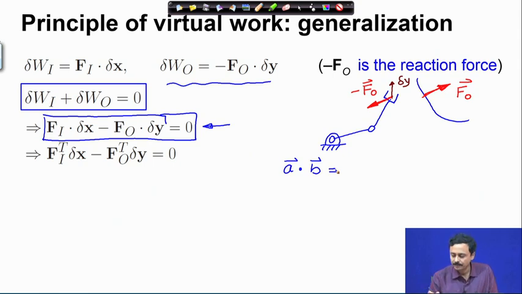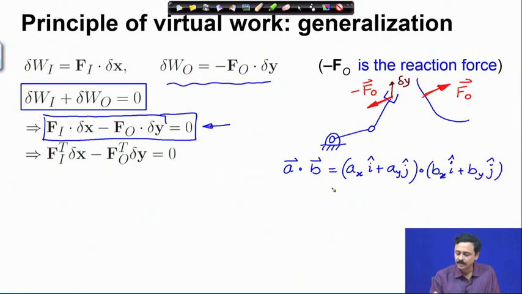A dot B is nothing but A_x i cap plus A_y j cap dot B_x i cap plus B_y j cap, and as you know, this is A_x B_x plus A_y B_y.